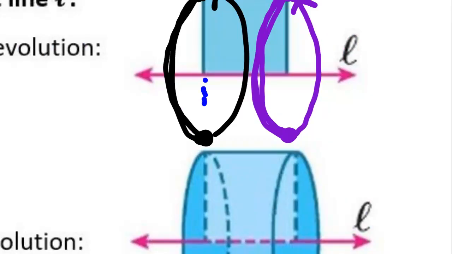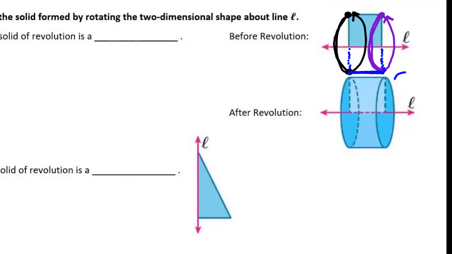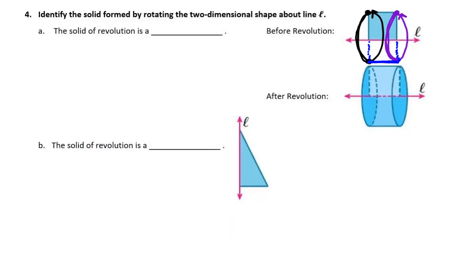So this is going to come down here. This is going to come down here. And this edge will also be rotating. So what I just drew looks a lot like this, right? What shape is that? Circle.